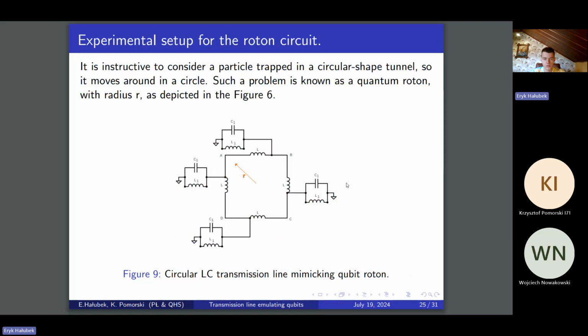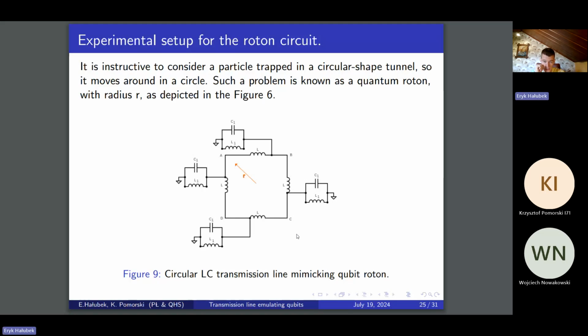Okay, now there's also an interesting example of a somewhat similar circuit called the roton circuit that represents a particle trapped in a circular shaped tunnel. And so that's how it looks.